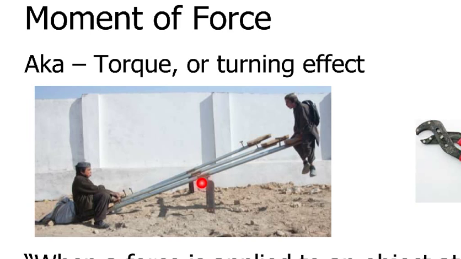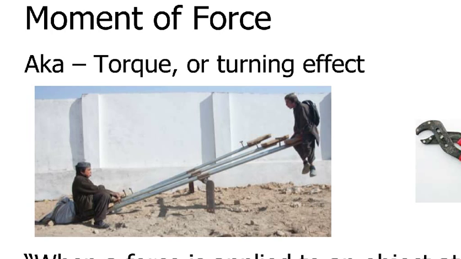The teeter-totter can pivot around that point in the middle, and if you apply a force to either end, such as the weight of this boy or the weight of that boy, then the beam can pivot around that point and turn. Probably the next thing that's going to happen is this kid is going to come down, this one will go up, and then they'll switch. So that's called the turning effect.